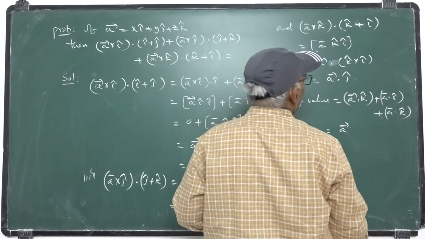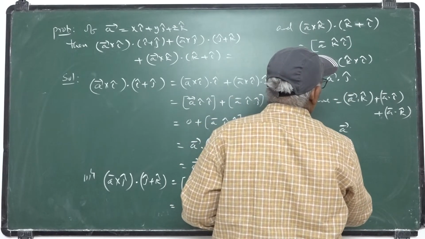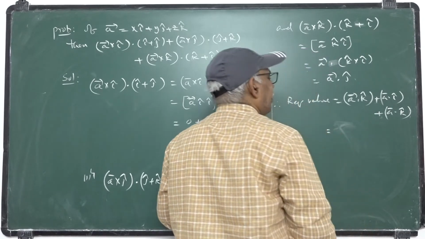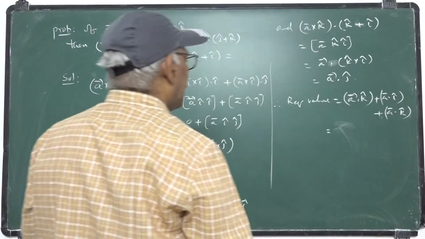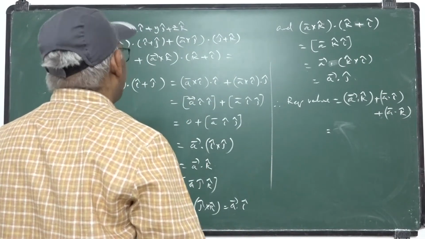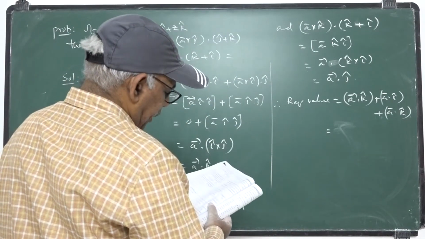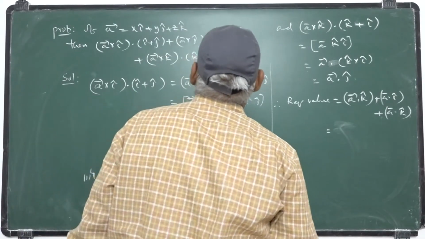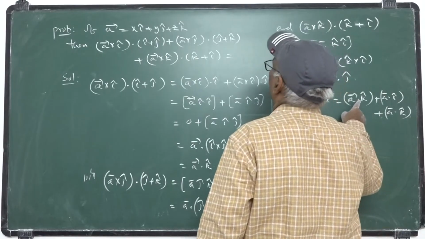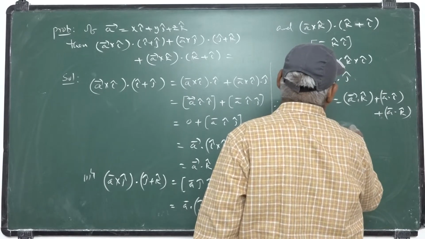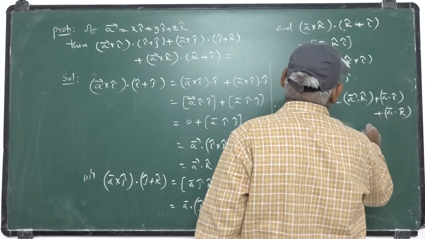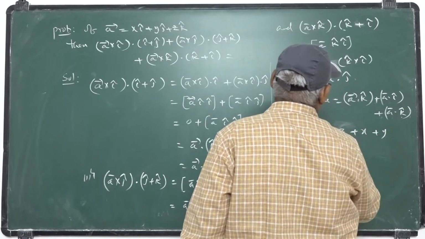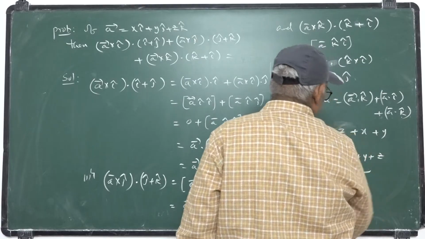Sorry, A dot k is, this is a sum of squares, A dot I, A dot j, A dot k squared. A bar is given here. A bar dot k is z, A bar dot I is x, A bar dot j is y. So, which is nothing but x plus y plus z itself.